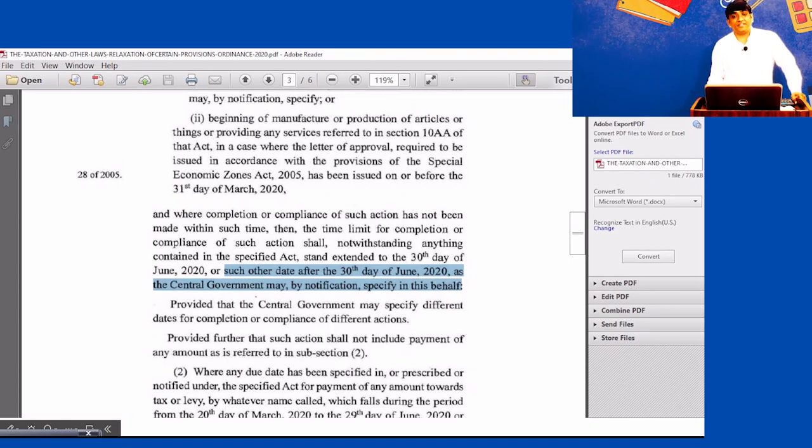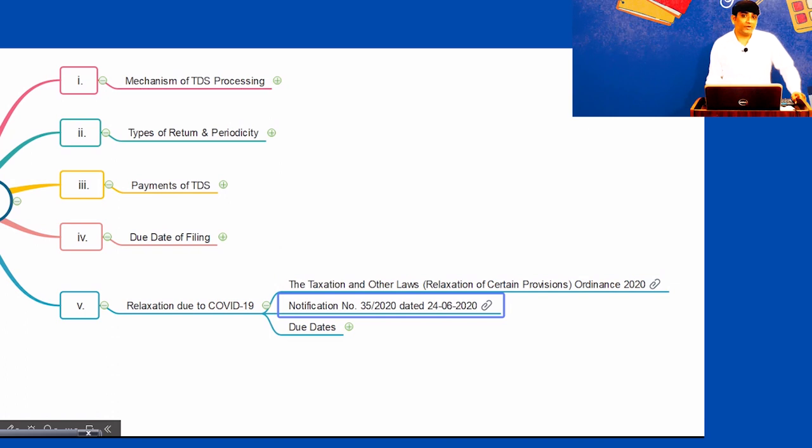So the government has the further right to extend after 30th of June any such other date as the central government may by notification specify. Okay, now they can extend the due date through notification only.